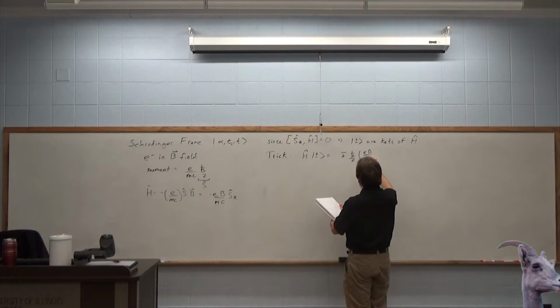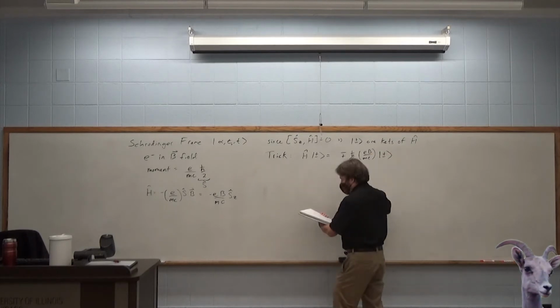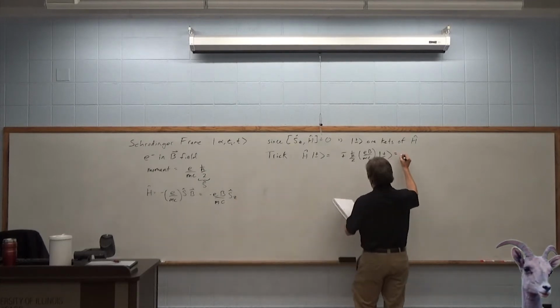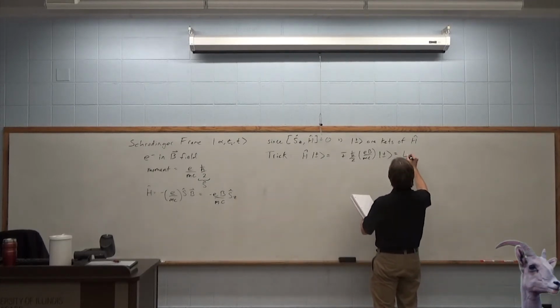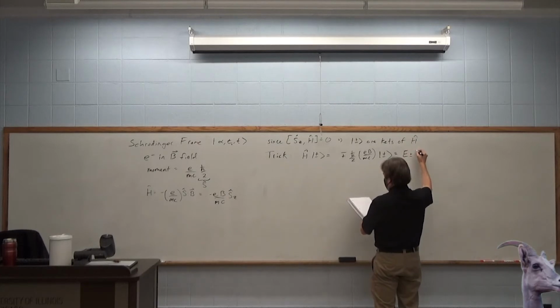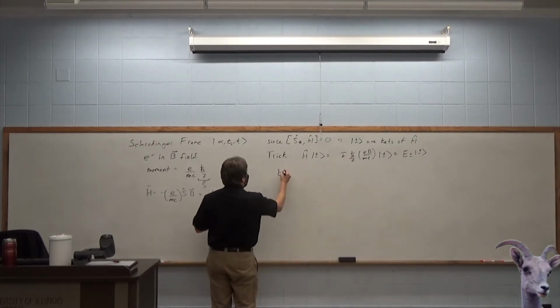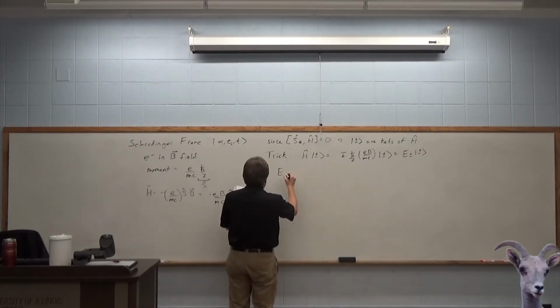Same deal I just wrote. Again, it's a state, and we're going to call this E plus minus. Just some notation. Okay, here's the trick. Again, please don't think I'm deriving anything.